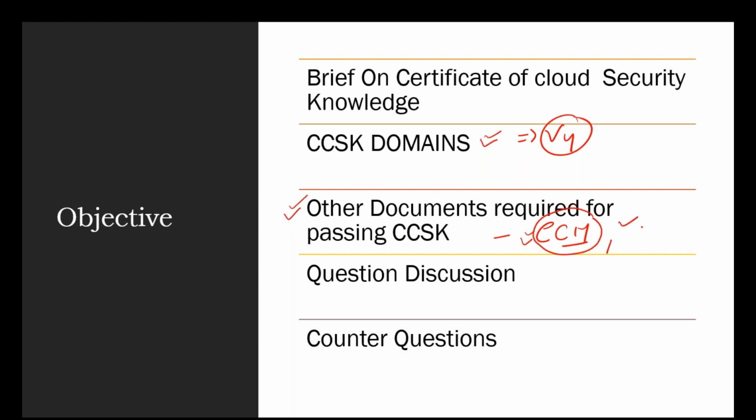Apart from the CCM, we have one more documentation available, called ENISA. The European nations have given documentation for the risks available around the cloud. It covers different kinds of risk, like what happens if your cloud provider is acquired by a different organization.